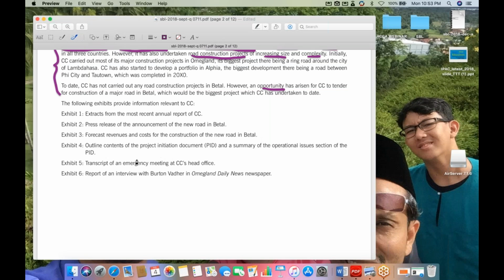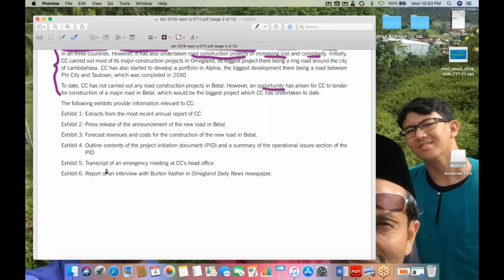And then the next thing under Exhibit 4 is the outline contents of the project initiation document, the PID, and a summary of the operational issues section of the PID. So that one gives you an exhibit about the project management they are embarking into.